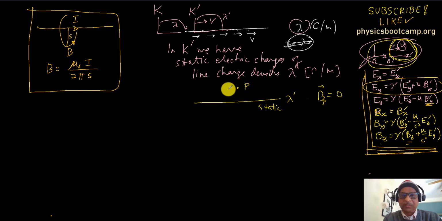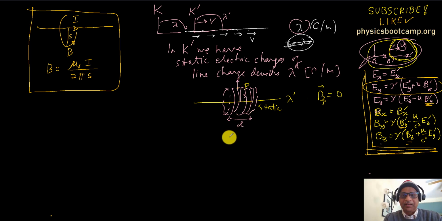And to get the electric field, you just use Gauss's law. So length L and distance is s. You make an argument that the electric field has to be pointed out.